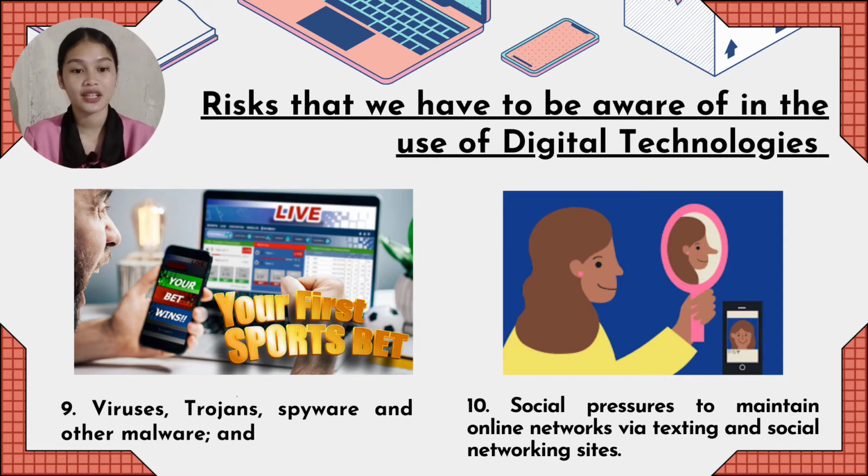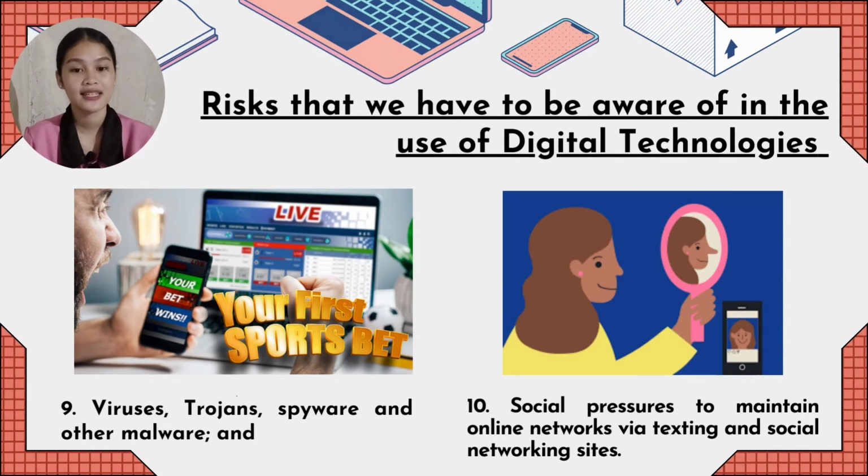These organizations can include banks, online retailers, delivery companies, technology companies, and other trusted organizations including the university. And then, social pressures to maintain online networks via texting and social networking sites.